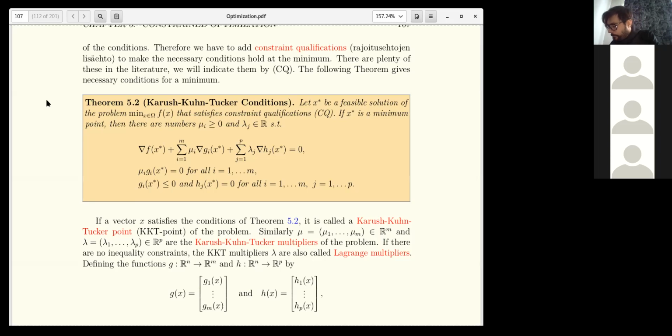So if we are to find the optimum, then at the optimum point, the gradient of f and the tangent must be at a right angle, right? They must be orthogonal.